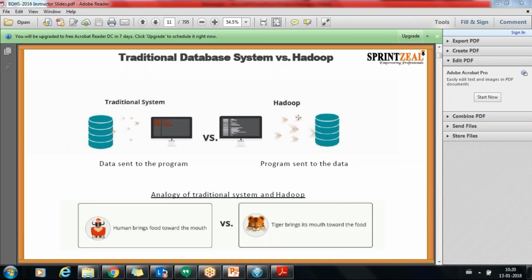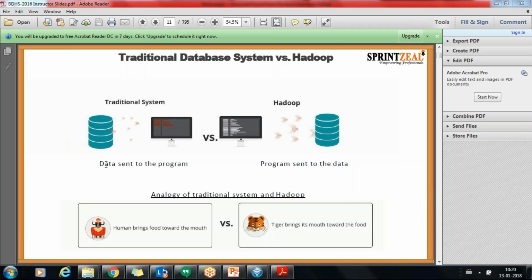Let's say you have an application server and a database server. The application program connects to the database server, pulls out whatever data it needs, and then you do whatever you want with the data. Any traditional program works like that.